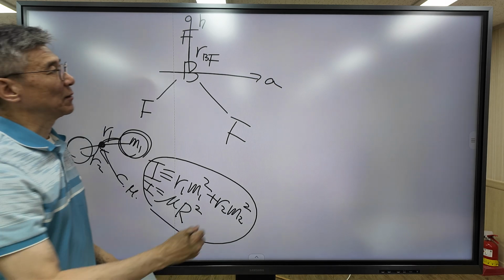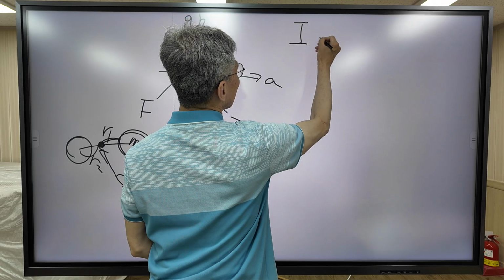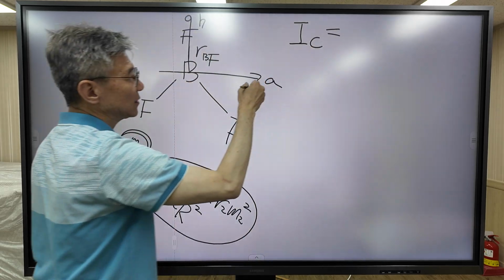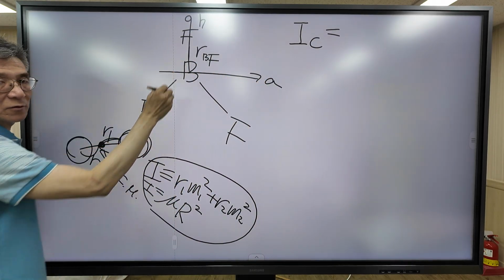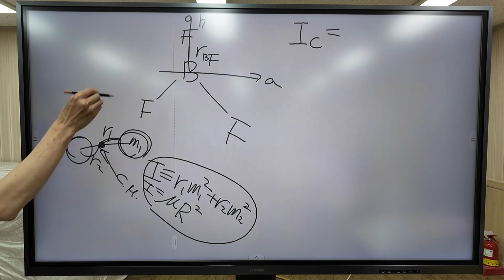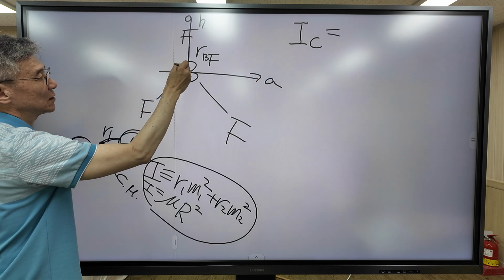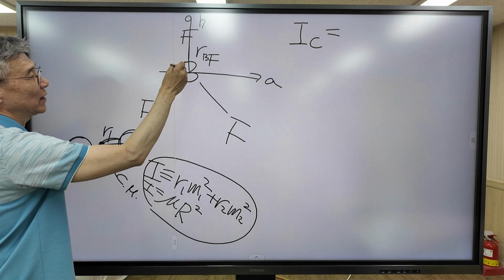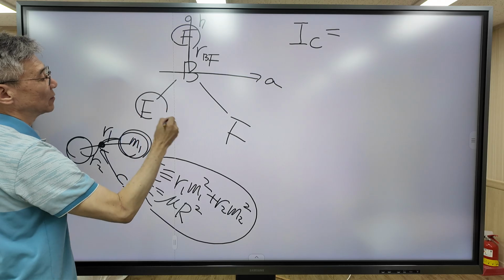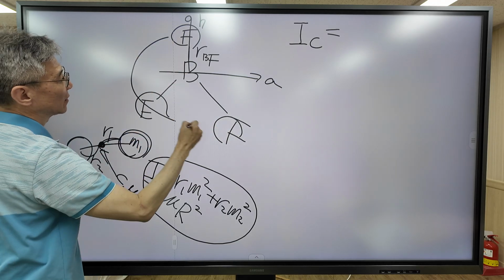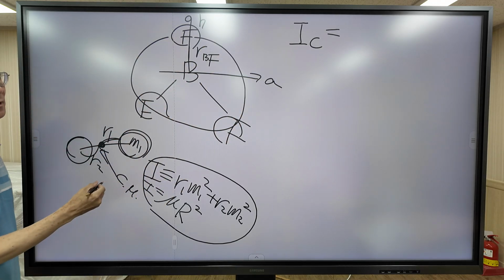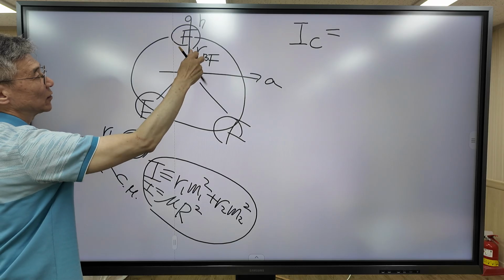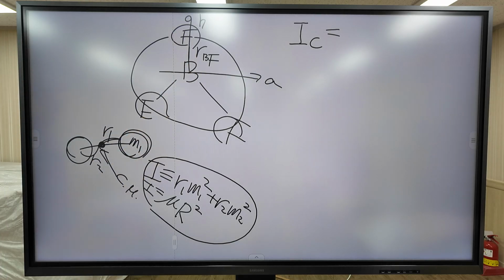Now first, I'm going to calculate the moment of inertia IC. The C axis is perpendicular to the plane. When the molecule is rotating about the C axis, all three fluorine atoms trace a circle with a radius of RBF, right?